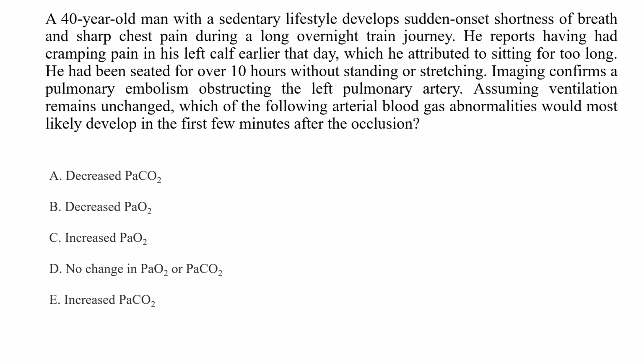This means one lung is ventilated but not perfused, resulting in an area of very high ventilation-perfusion ratio. So basically, this question assesses your understanding of ventilation-perfusion mismatch, particularly in the setting of acute pulmonary embolism and its impact on arterial blood gases.